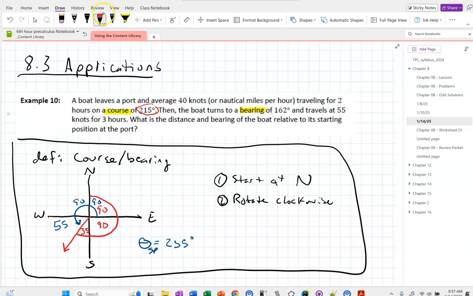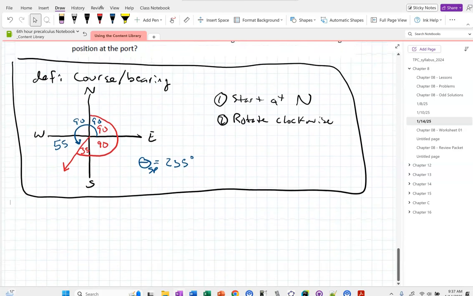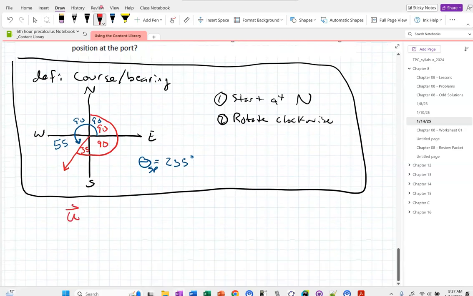So when I read this problem, the boat leaves the port, it goes at some speed in some direction, then changes direction and changes speed. The first thing I'm going to want to do is take that information and convert it into a magnitude and a direction. I'm going to read this as each leg of my journey being its own separate vector. So I have one vector for my first leg and one vector for the second leg. I'm going to call those two vectors u and v.